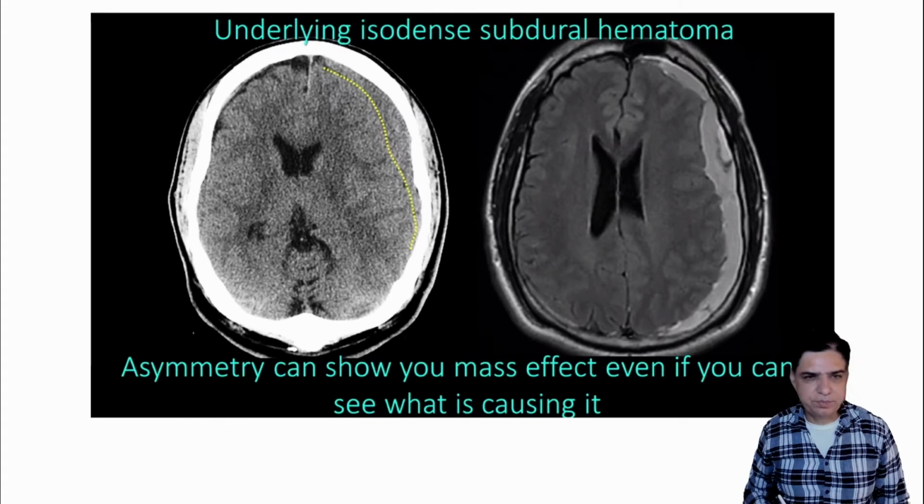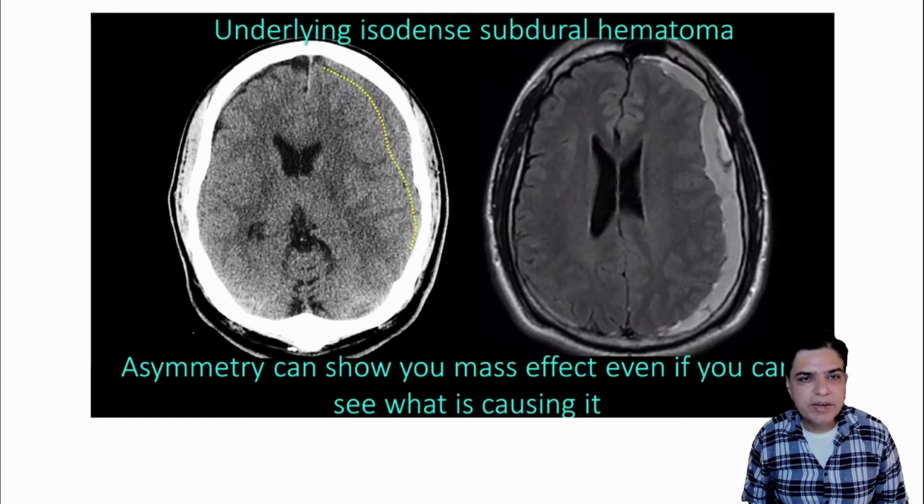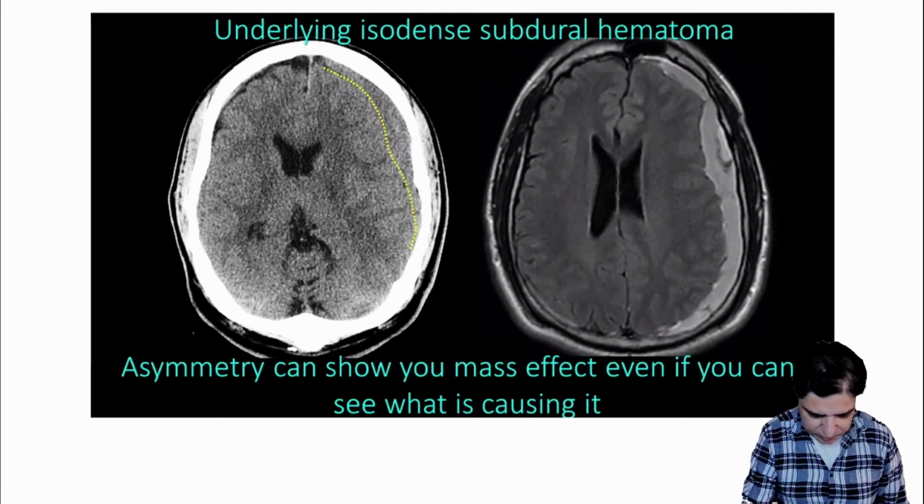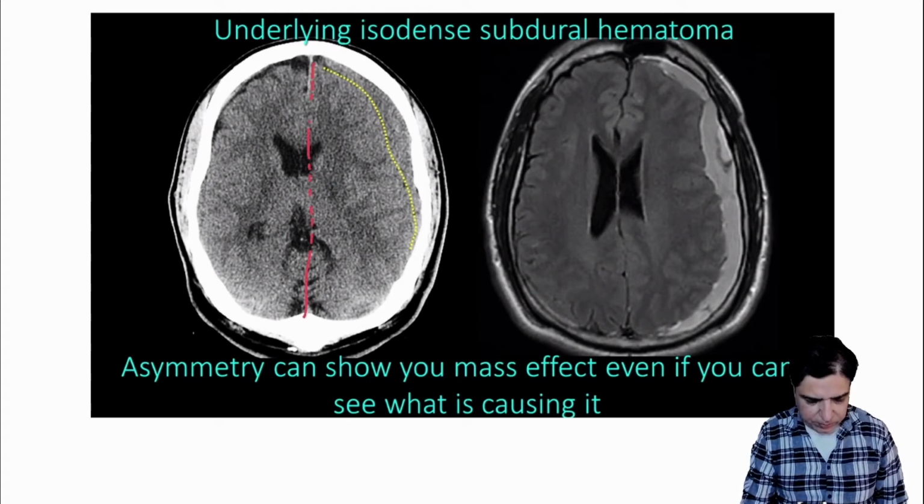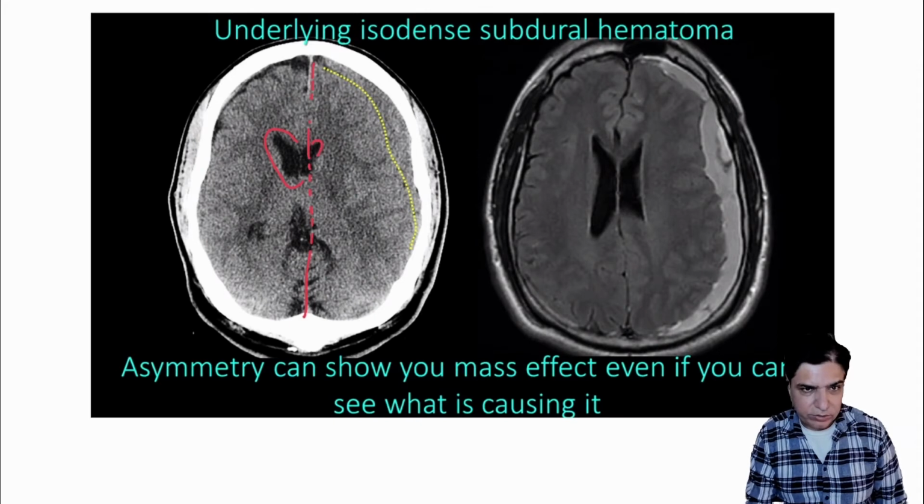Now, in this case, there is a midline shift. If you draw a line, you can see that things are more visible on one side as compared to the other. There has been some pressure effect on the left side, which is pushing things towards the right side. Now, this could be anything.